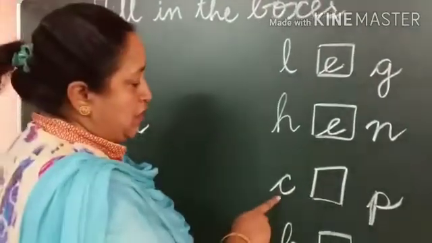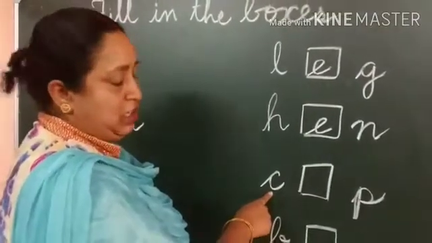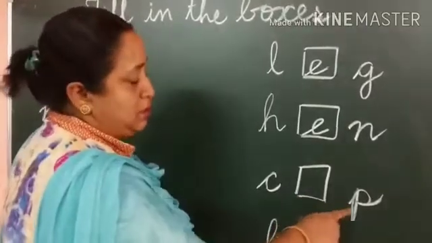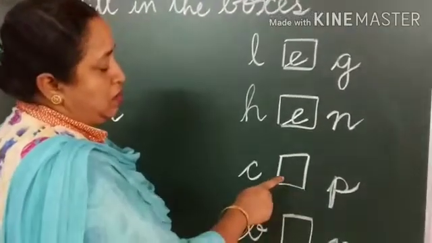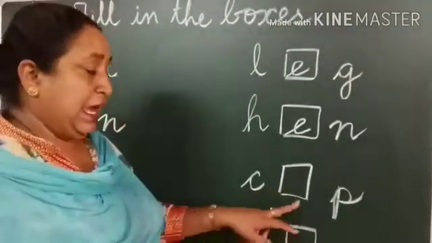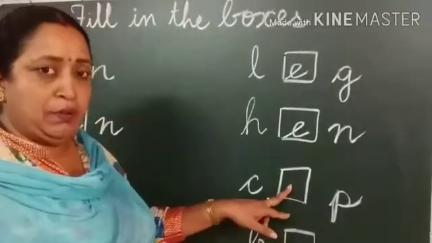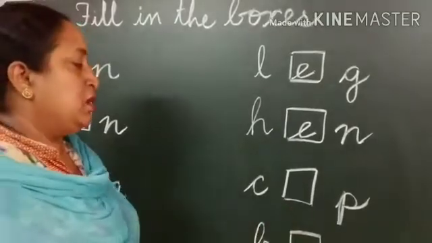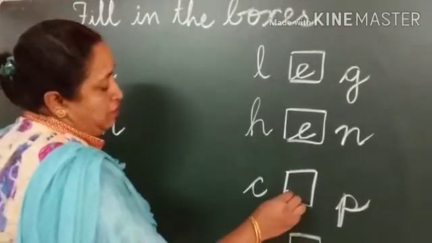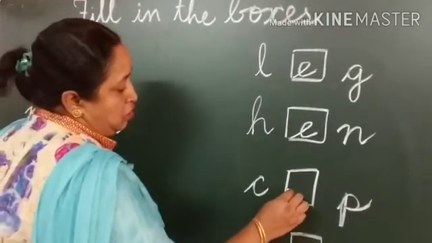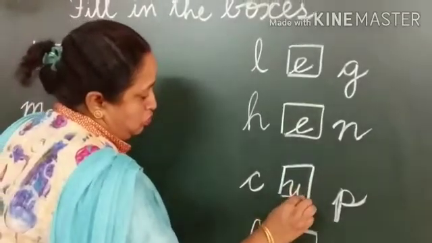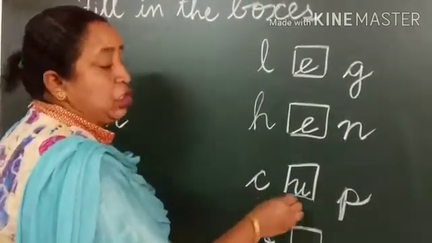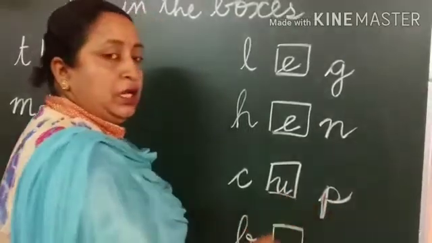The next word is C, box, P. I can make this a cap, C-A-P, cap. I can make this C-U-P, cup. So, I will write U, C-U-P, cup.